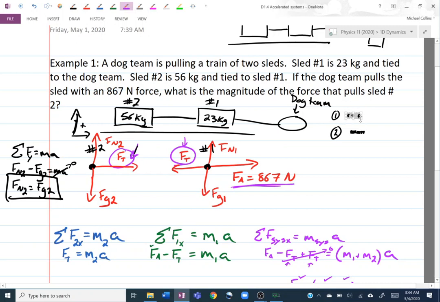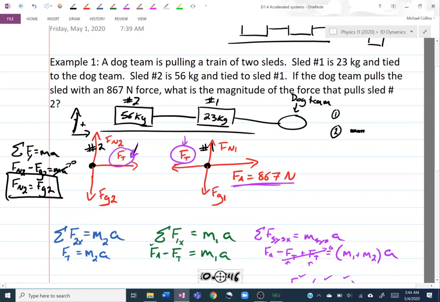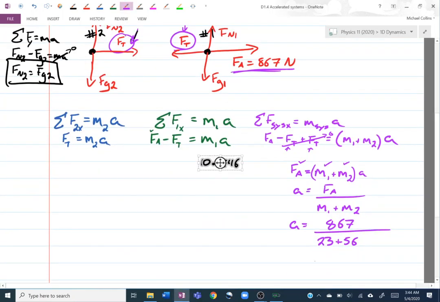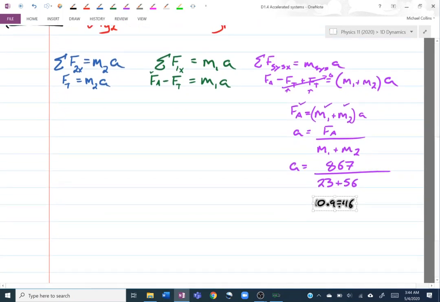Let's see what happens if I grab this guy and pull him down. And I believe that my acceleration is 10.9746. So again, I'm not going to round it to 3 sig figs because it's not a final answer. I'm going to put my ellipses there so that I know that I'm using all of those decimals.